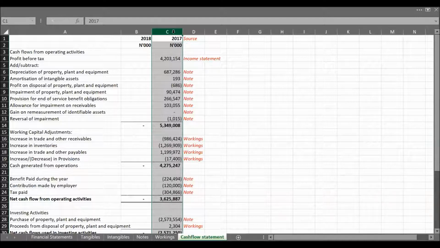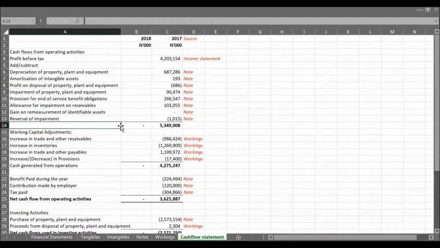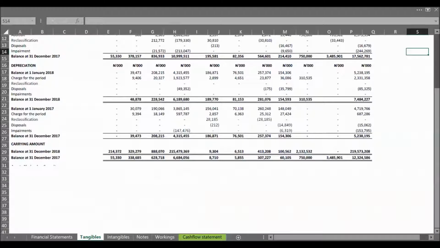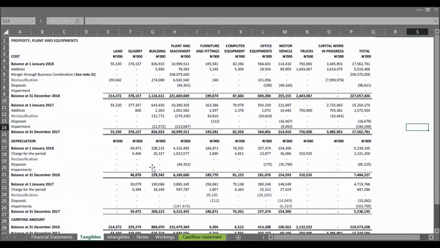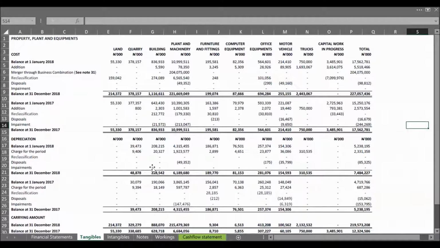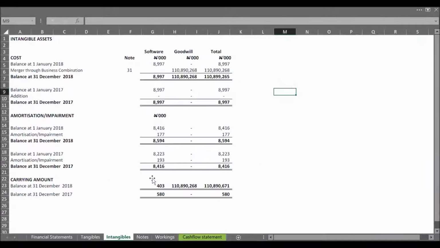So the key information to note while preparing a cash flow statement is that you must have a schedule of your fixed assets, that is your property, plant, and equipment. So this was extracted from the company's financials. And if the company has intangibles, you also need to get information on the intangibles.